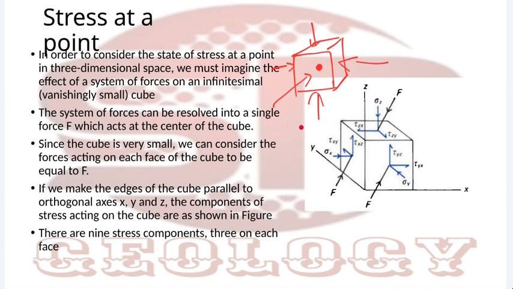The stress acts on that point. So that we call the stress at a point, or stress at a very small cube within the rock body. If you apply stress on a point, then it will resolve into different components, like suppose more stress is applied in one direction.